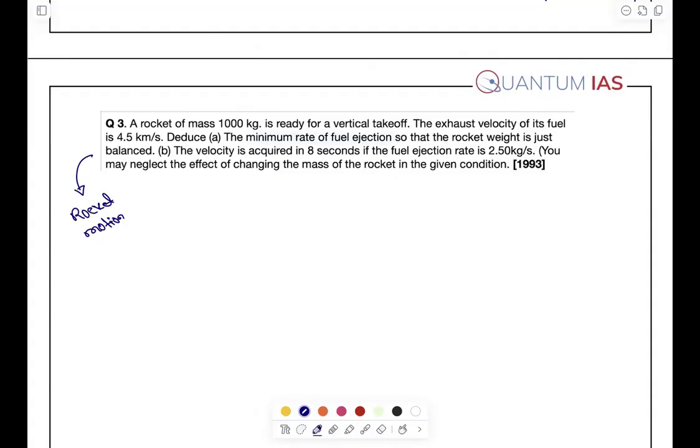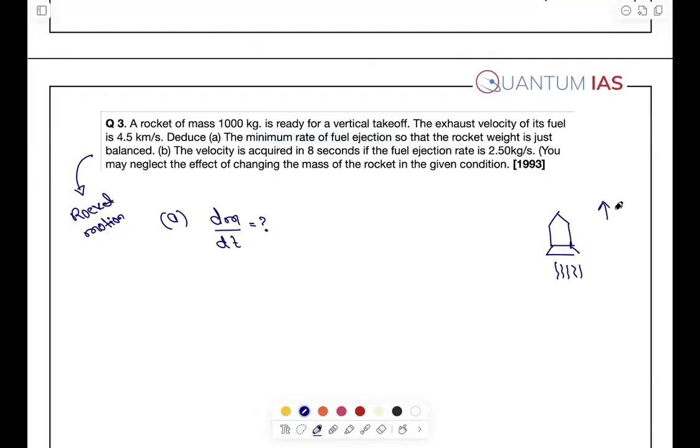Now, the minimum rate of fuel ejection we have to find out. First, we have to find out dm by dt. I hope you know, although for the mechanics I have already uploaded the classroom notes. Basically, this is the mass which is exhausted out. So this is the rocket, and we know that there will be some exhaust velocity, right?